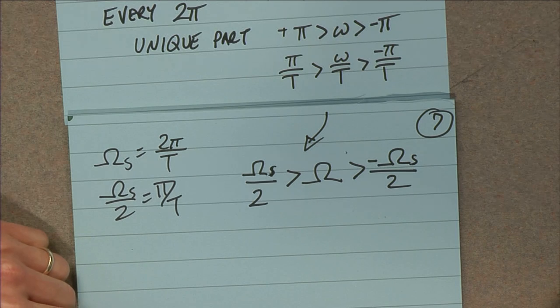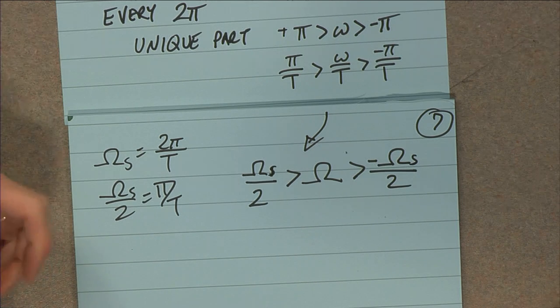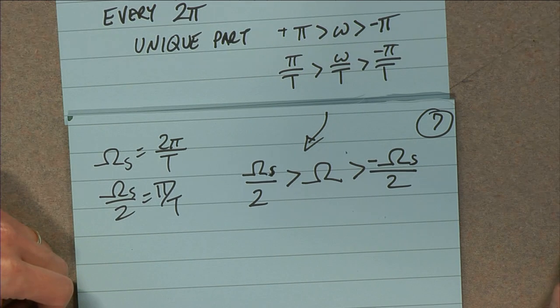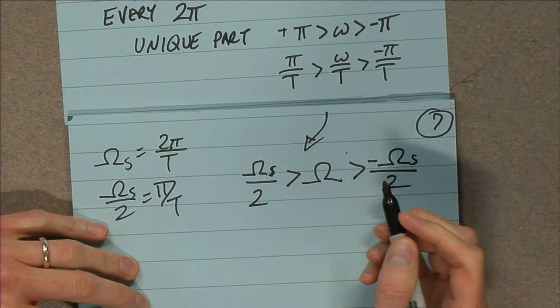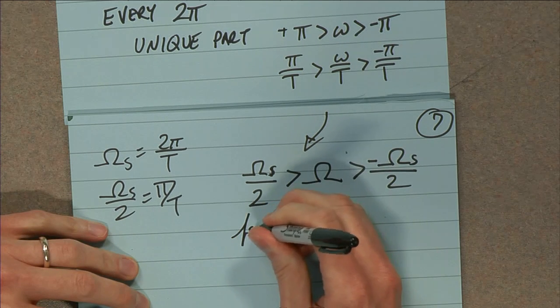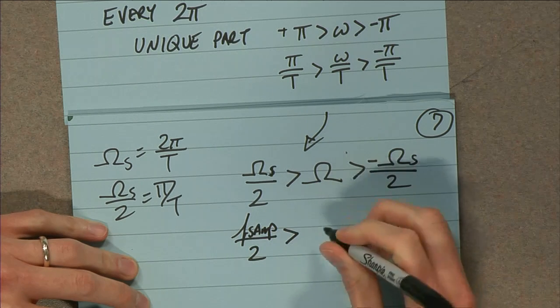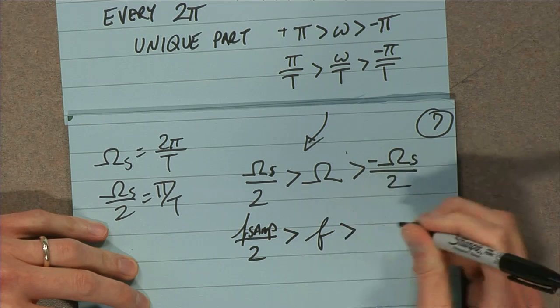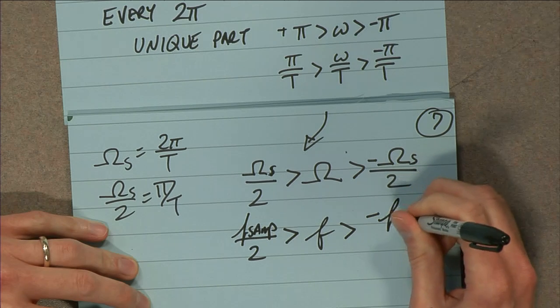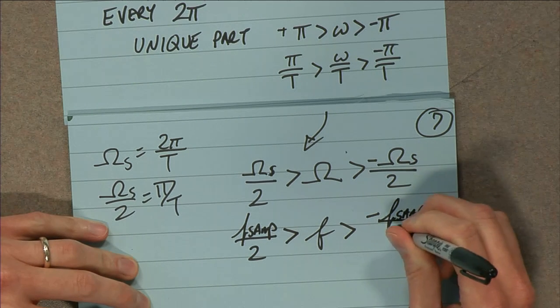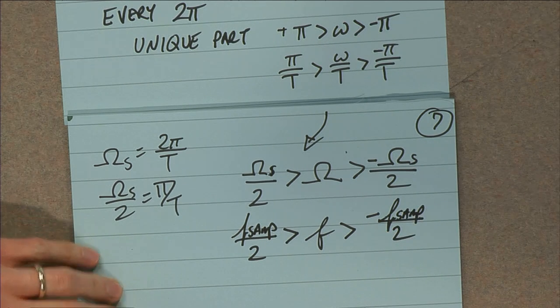But most of the times our problems are not in radians per second, they're in hertz. So let's divide everything by 2 pi and get back to hertz. So if we do that, we're going to get f samp in hertz over 2. Divide this out, that's just some frequency f, minus f samp over 2.